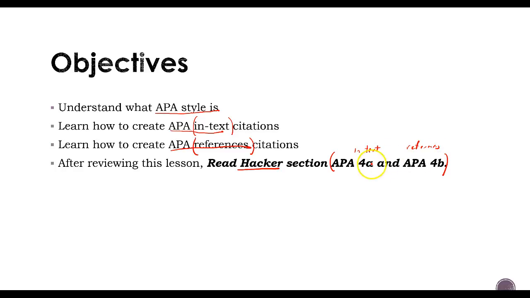So I'm going to cover the majority of what these pages cover, but there are also some tools that these pages provide that we aren't going to cover in this lesson, like if you have an odd citation format like a motion picture or something like that. I'm not going to talk about that in this lesson, but APA 4 will tell you how to cite a motion picture effectively. So definitely make sure you at least review those pages and know where they are as a tool as you're citing.